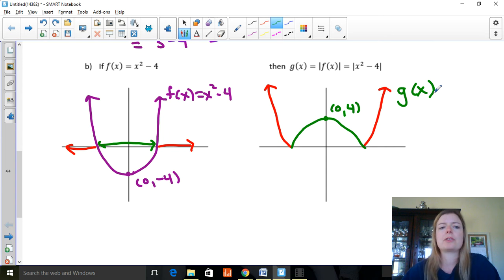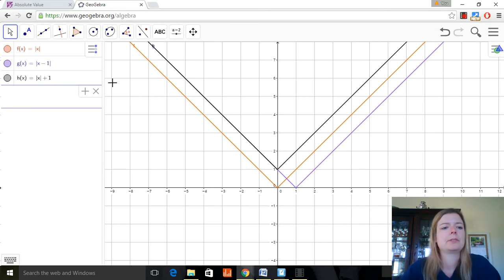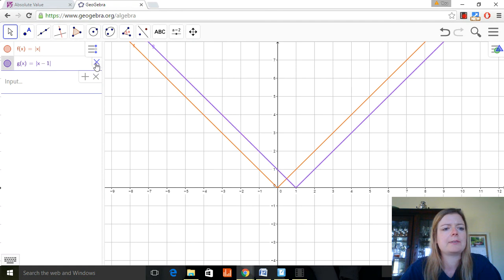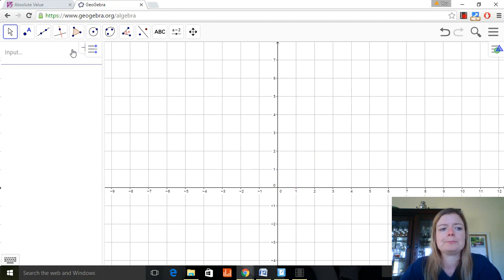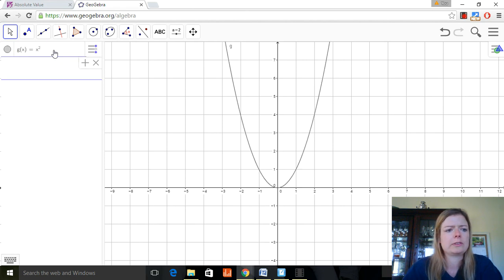Okay, if you flip over to GeoGebra again, I can just X out of these. You can verify your work. Okay, we can check x squared minus 4. Oops, I didn't make that. Okay, g of x equals x squared minus. That's not.